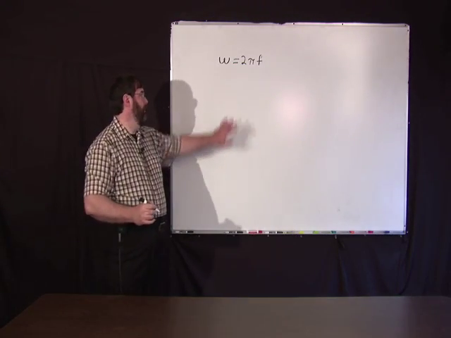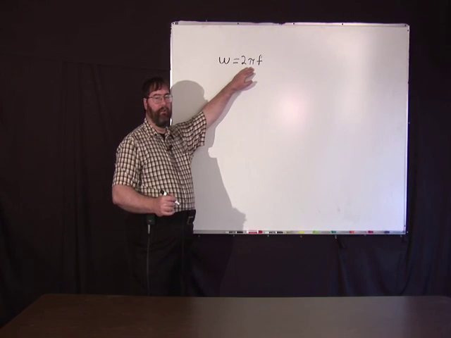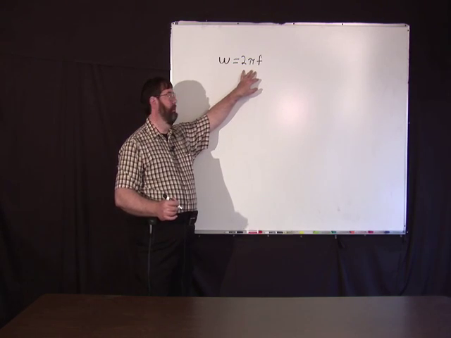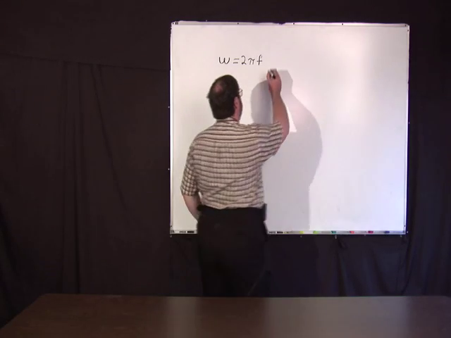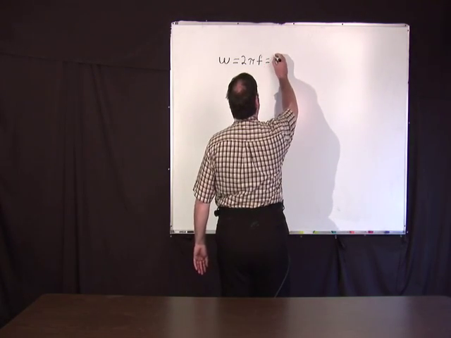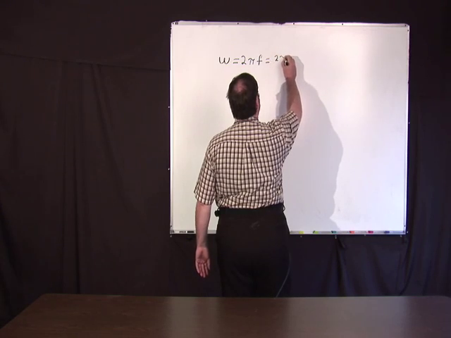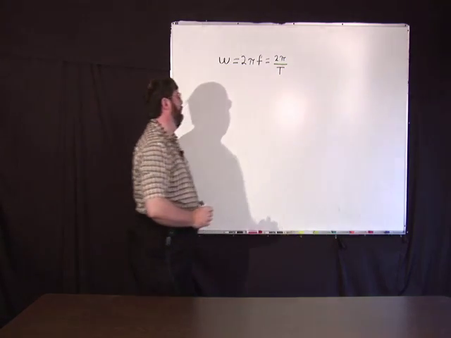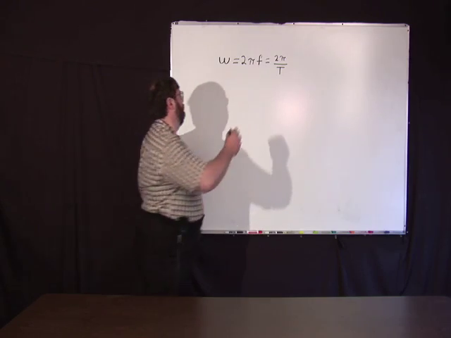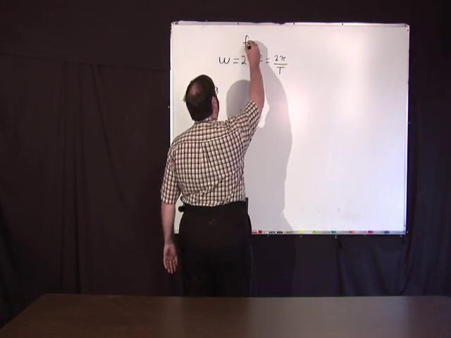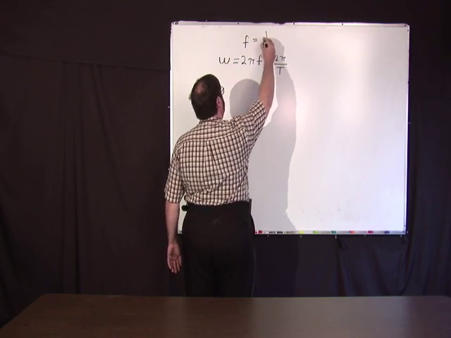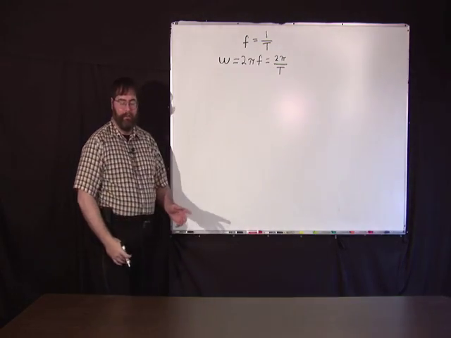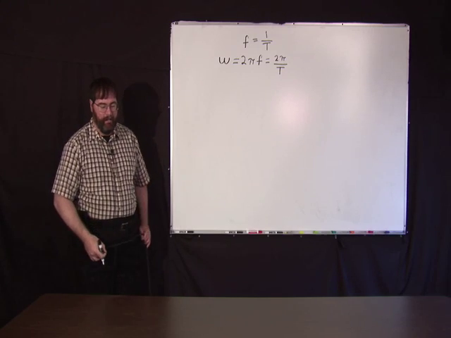That's 2 pi radians in a circle, so this is how many radians per second in time, which is equal to 2 pi over the period. And from this you can deduce that, of course, the frequency equals 1 over the period.